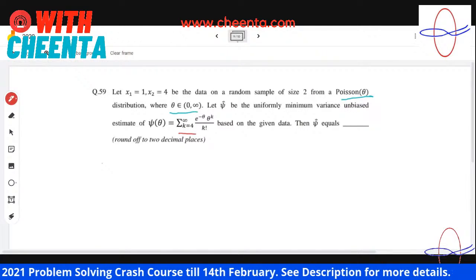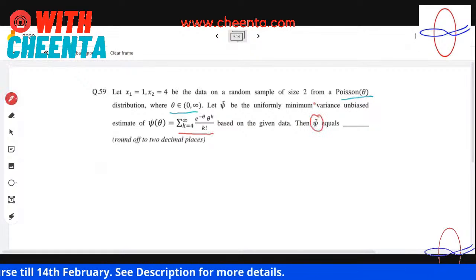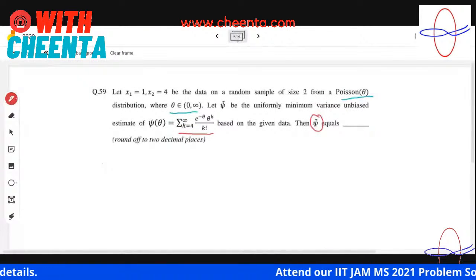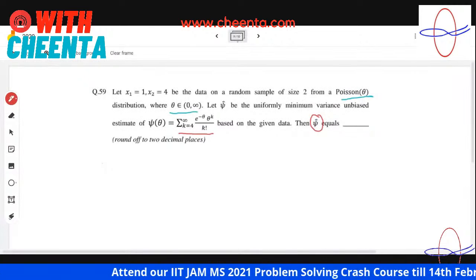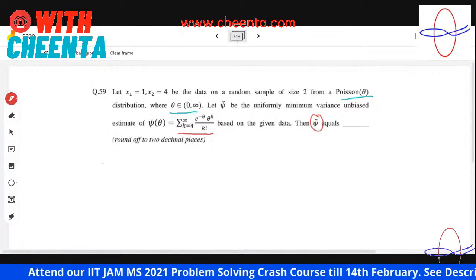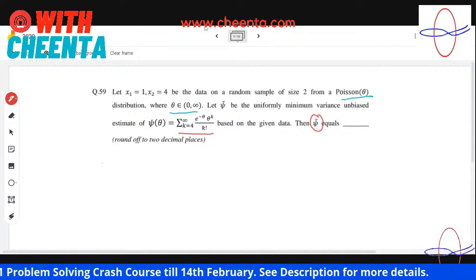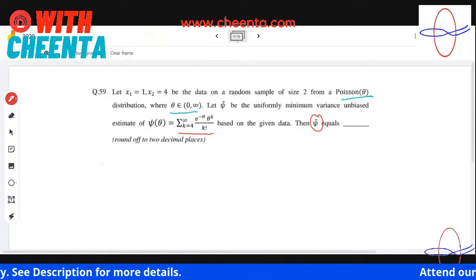Very good. Then what is psi hat? Interesting question. So how do you approach this problem, guys? Psi hat is the uniformly minimum variance unbiased estimator of psi theta. So how do you really find it out? Think about it, guys. I'll drink some water in the meantime.